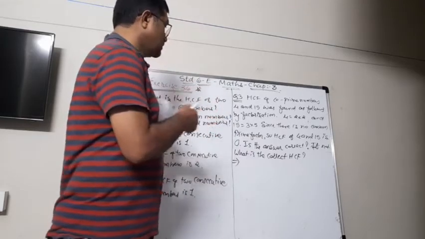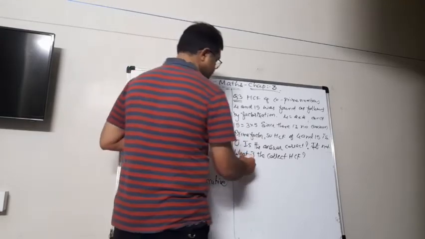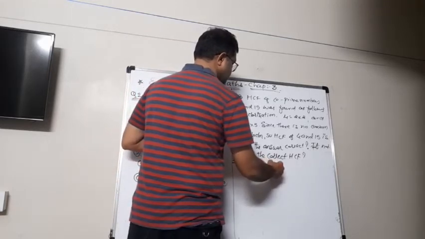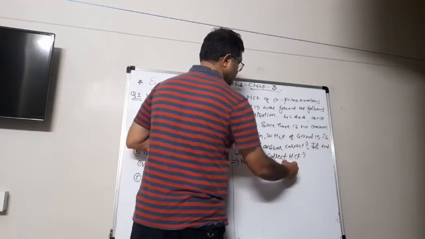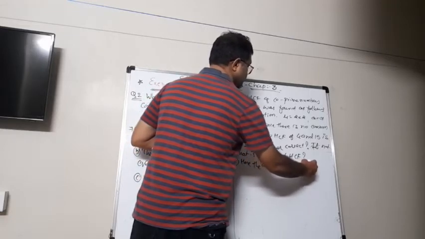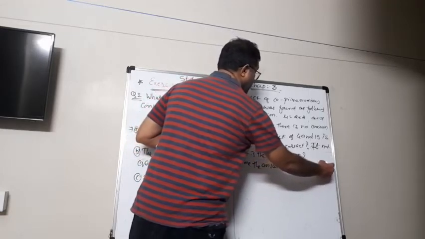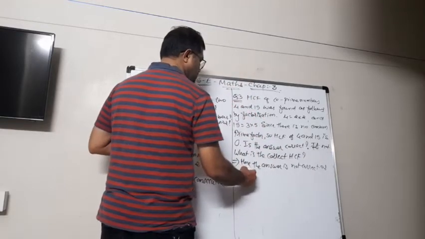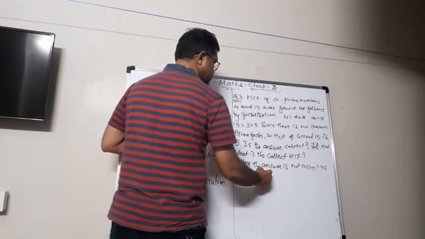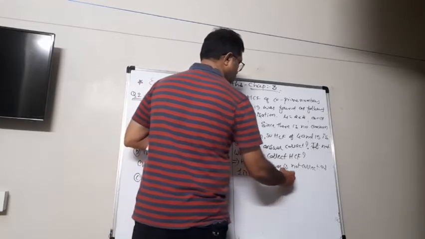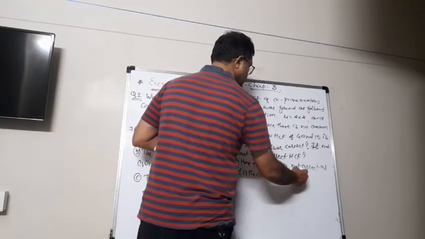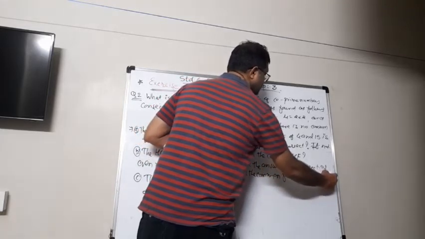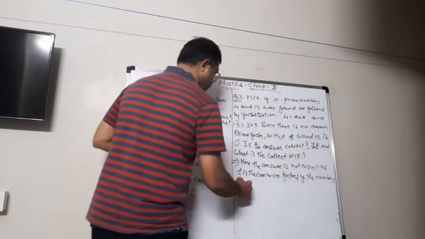So here the answer is not correct, as 1 is the common factor of the numbers 4 and 15.